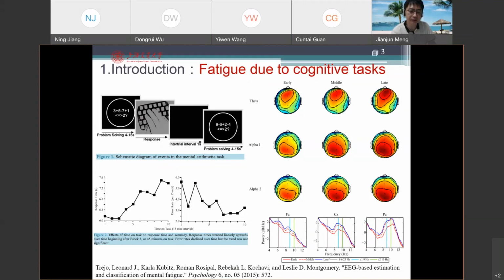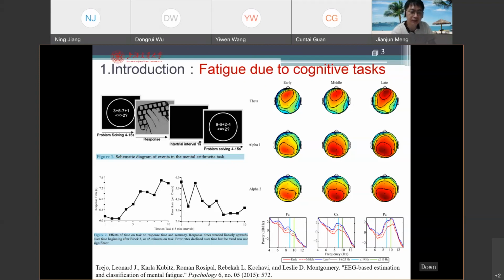On the other hand, the grand average of EEG power spectra and the topography maps of the peak frequencies in both the theta band and alpha band showed a consistent increasing trend across the early, middle, and late periods of their study. Here the theta means the 4 to 8 hertz, and the alpha means the 8 to 13 hertz frequency band.